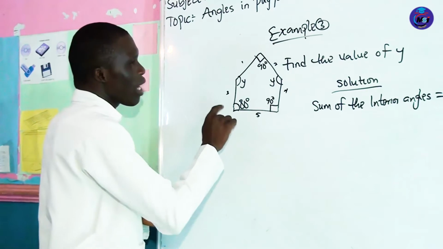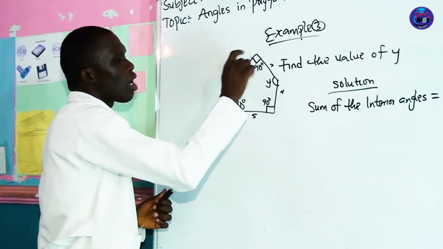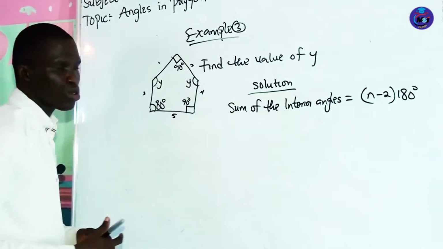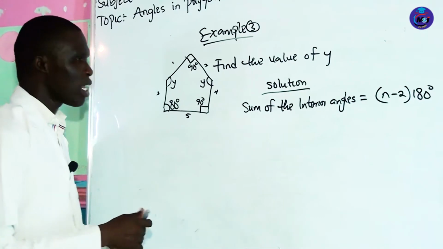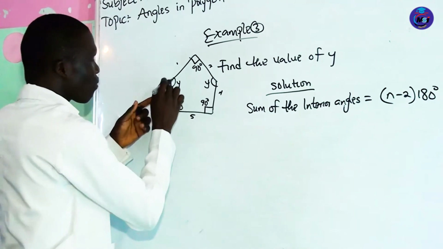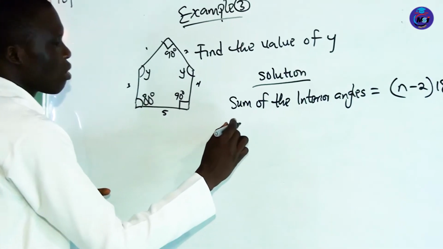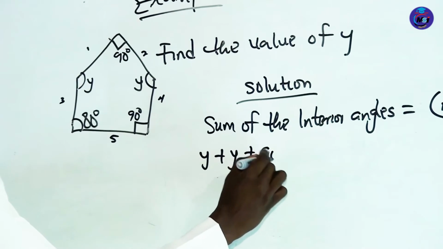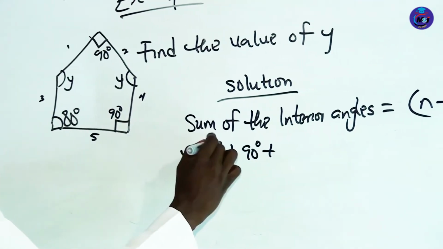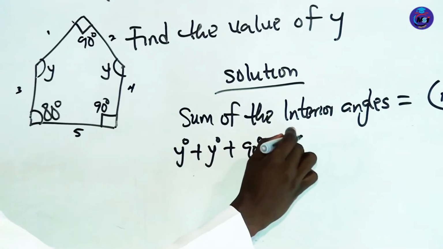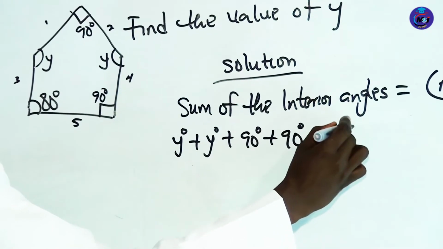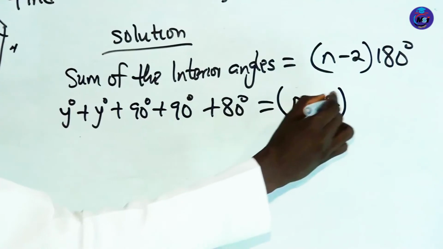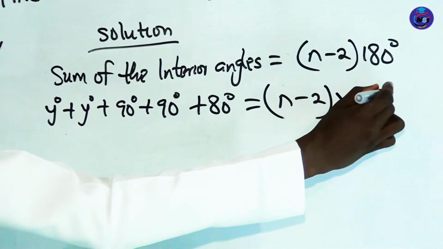Okay, now we are going to add these angles together. It will be equal to (n minus 2) multiplied by 180. So let's quickly do that. Let's start from here: y plus 90 plus 90 plus 80 equals (n minus 2) times 180 degrees.